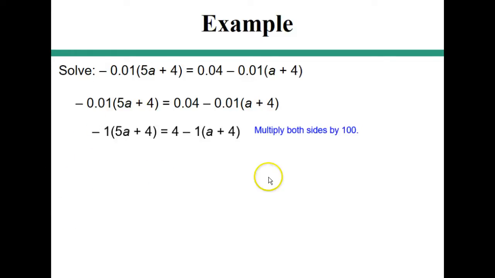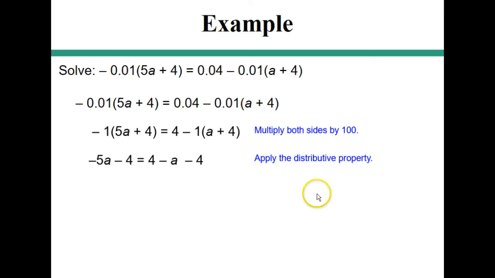Now we just distribute through, clear our parentheses, and we get this. So what is the next step? Combine like terms. And to get rid of the a's on this side, we're adding an a, adding an a. Now to get rid of the negative 4, we're going to have to add 4.